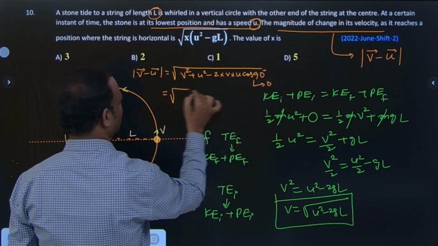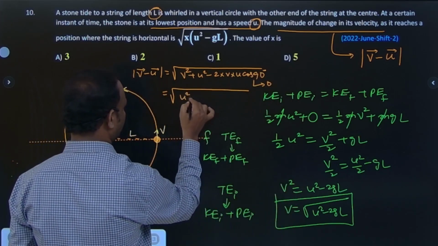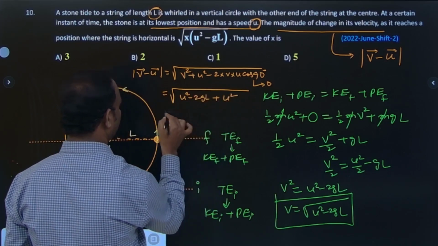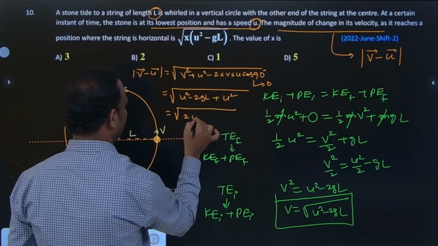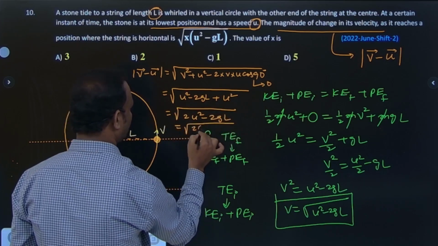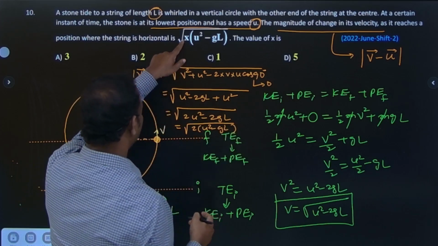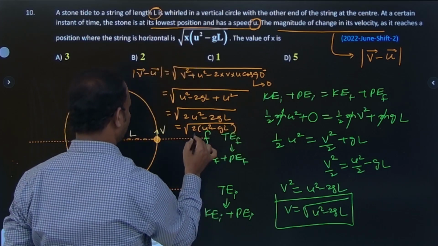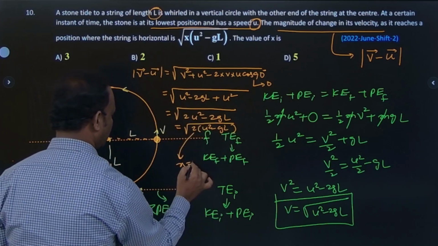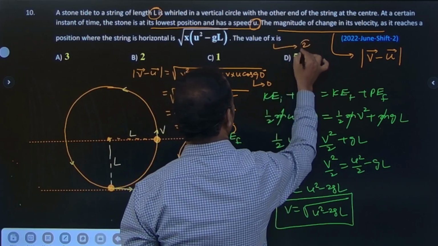So v square is u square minus 2gL, plus u square, giving the square root of 2u square minus 2gL, which equals the square root of 2 times (u square minus gL). So what is the value of x? x is 2. So the answer is 2.